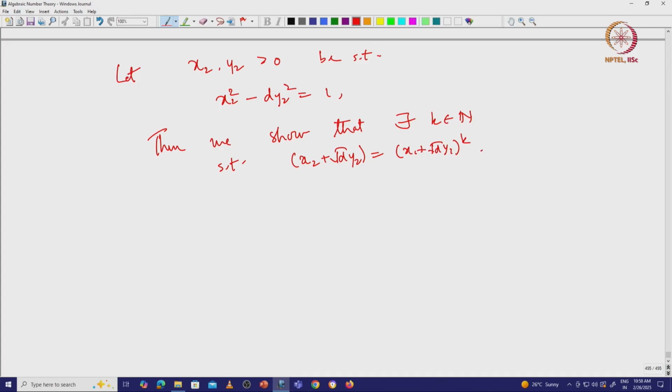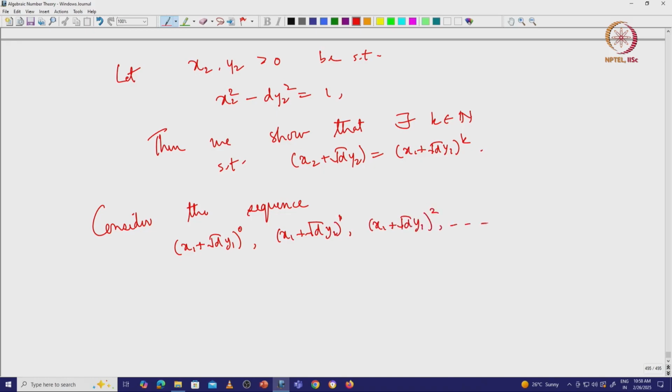All right. Now, if you just look at this sequence, so consider the sequence (x1 plus square root of d y1) to the 0, (x1 plus square root of d y1) to the power 1, (x1 plus square root of d y1) to the power 2, and so on.